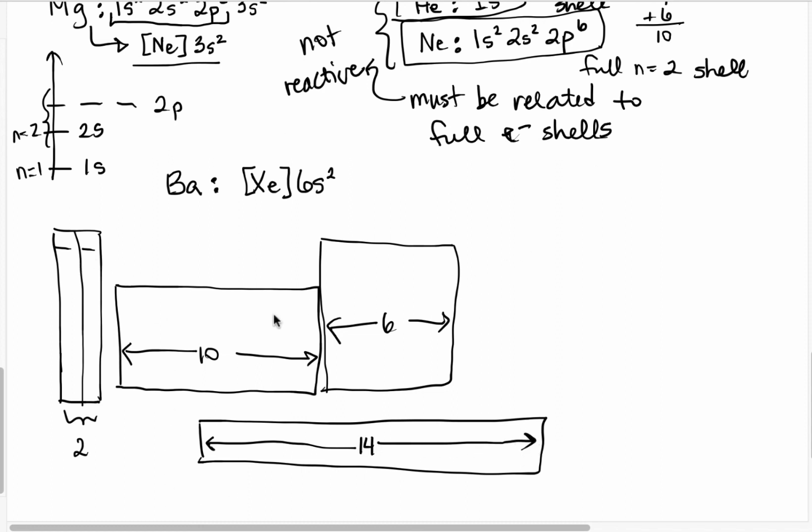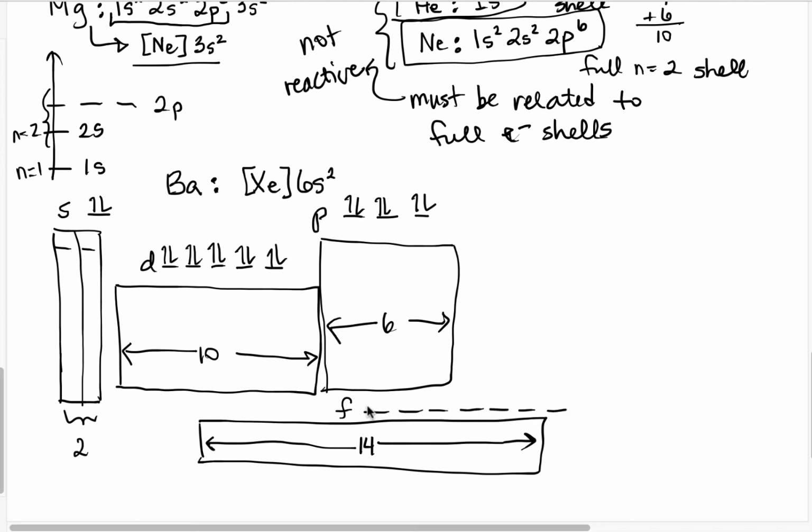Notice these numbers and think about the s orbitals and how we can fit 2 electrons, the p orbitals and how we can fit 6 electrons, the d orbitals and how we can fit 10 electrons, and the f orbitals and how these can fit 14 electrons.